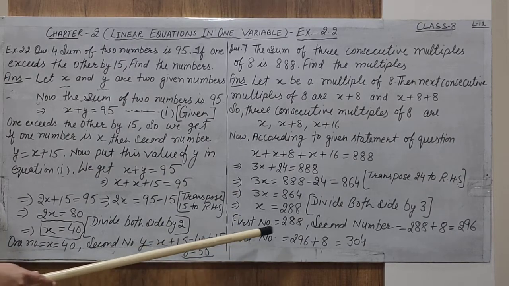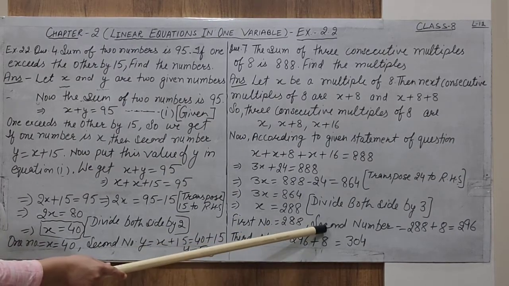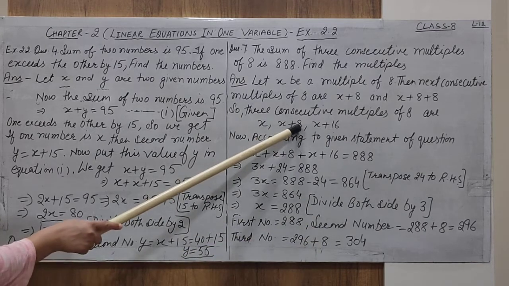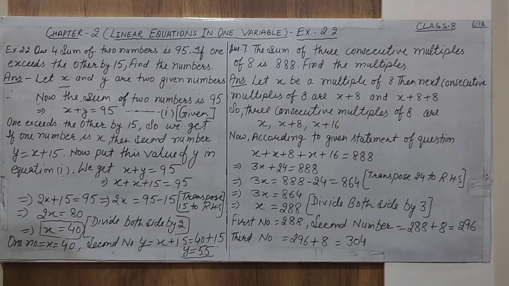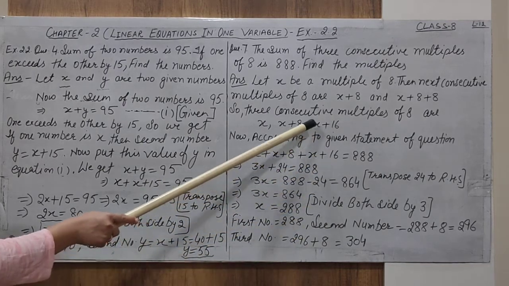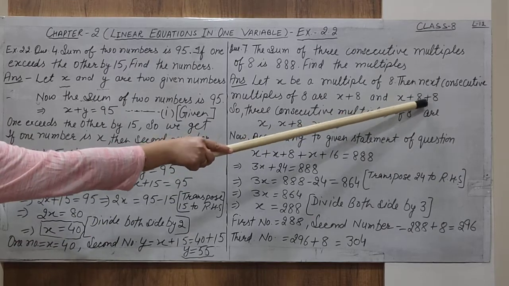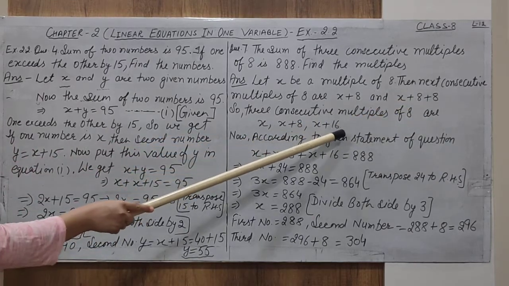So the first number is 288. The second number is x plus 8, that is 288 plus 8, which is 296. Next, the third multiple of 8 is 296 plus 8, or x plus 16.